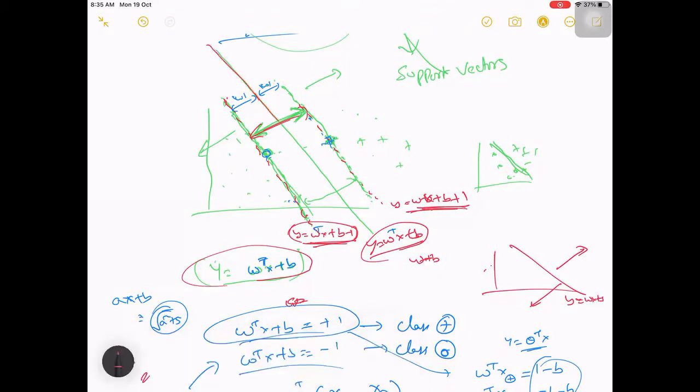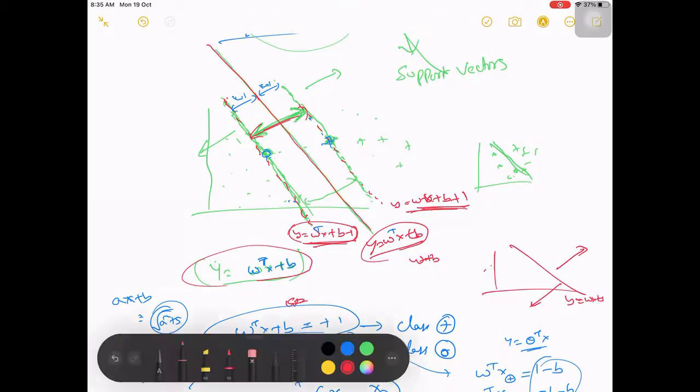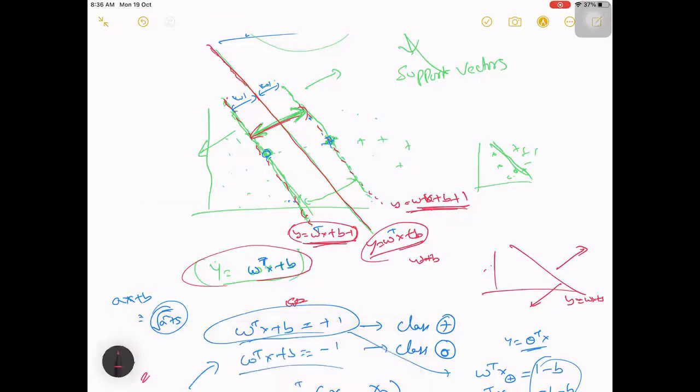In logistic regression and other classification methods, we only have this decision boundary. We actually don't calculate margins. That concept is only there in support vector machines.